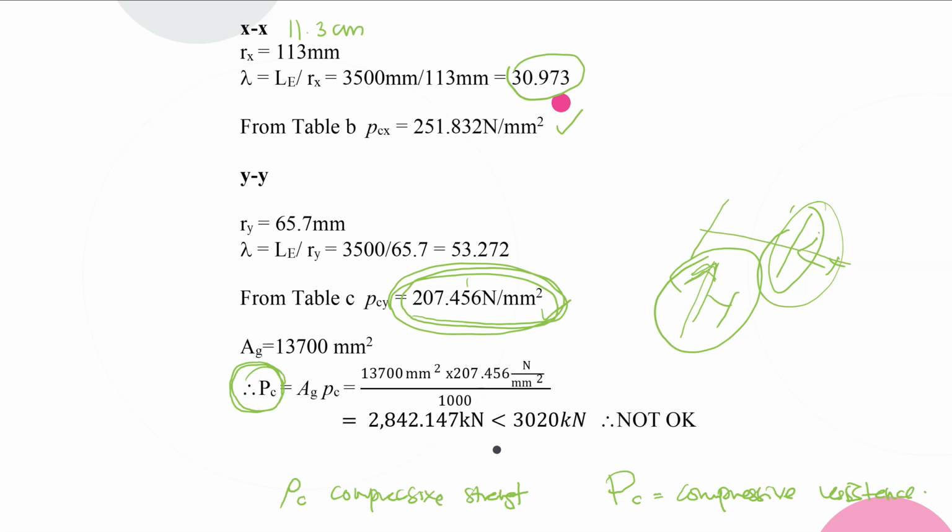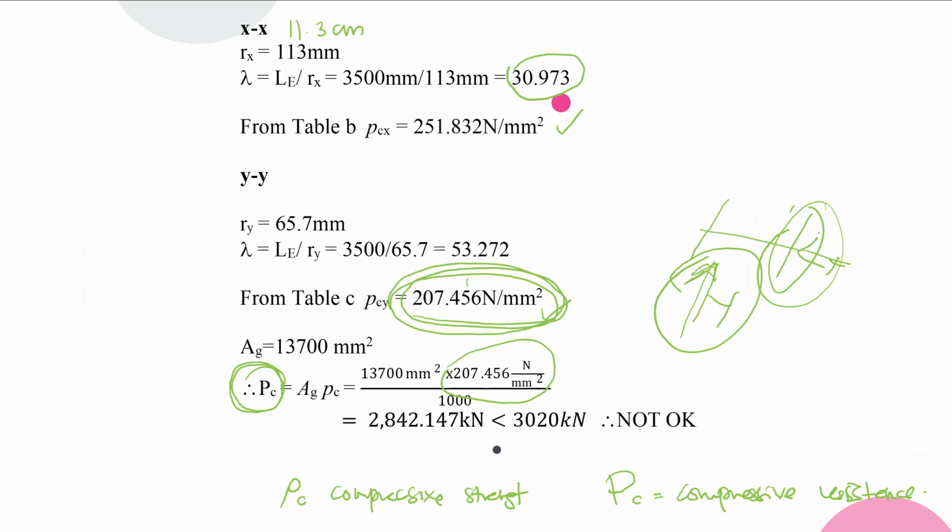Okay, jadi kita akan compressive load, compressive force. So kita akan ambil value yang lebih rendah. Okay, which is Y section ni lah. Kalau you compare X and Y, look at Y 207.456. So this is the one that we put here.